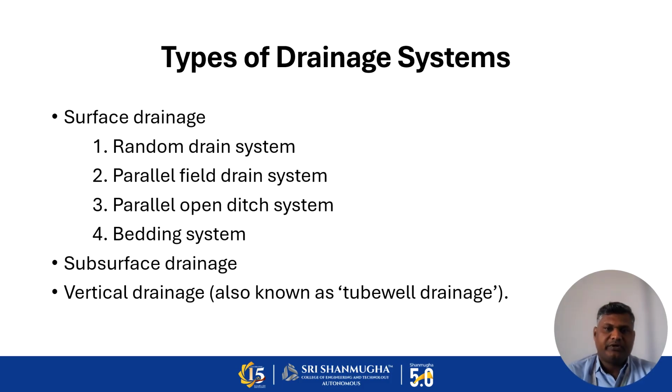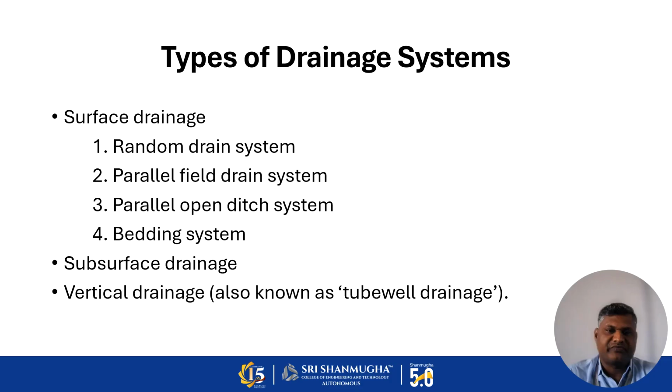So what types of drainage systems are followed in the agriculture field? Three different methods are adopted. One is the surface drainage system, the second is the subsurface drainage system, and the third is vertical drainage, also known as tubal drainage system. The surface drainage system is meant for the removal of excess water on the surface of the soil. In subsurface drainage, below the surface of the soil we remove the excess water, so it is kind of infiltration water that is removed.